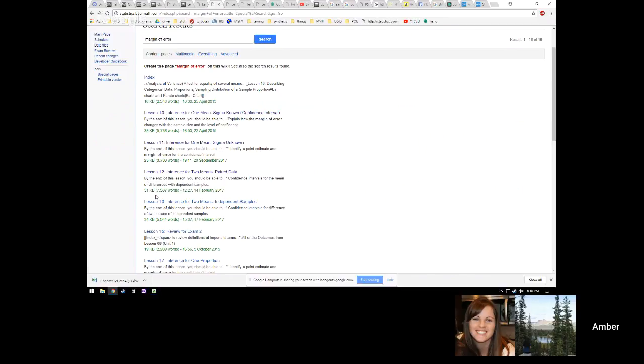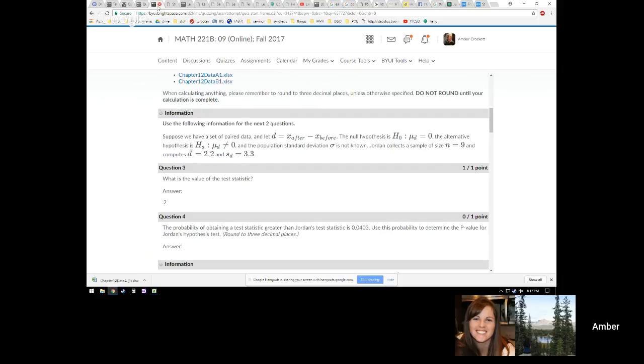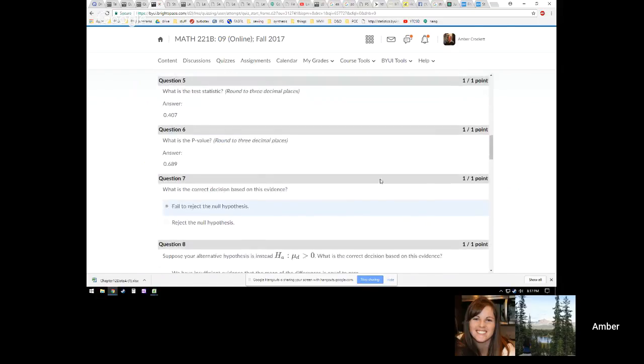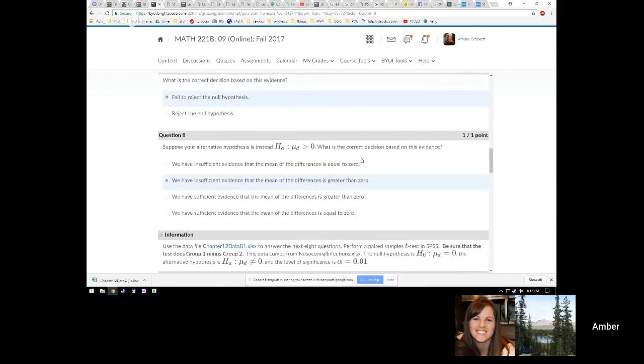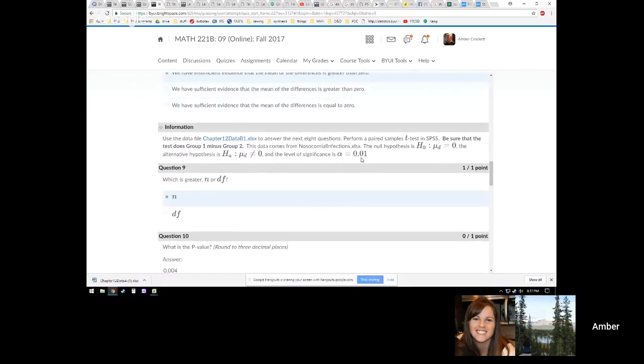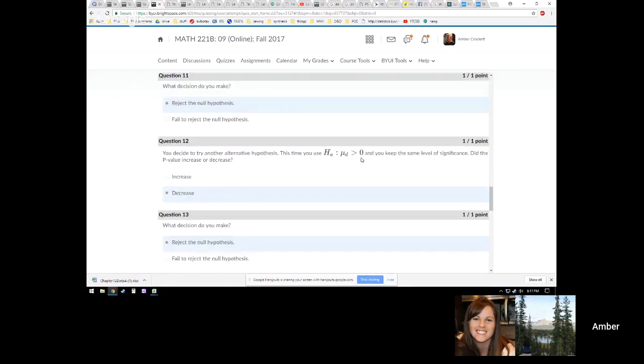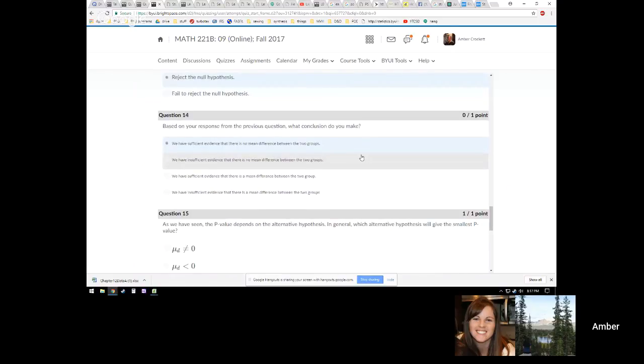I don't know why we got that one. Now that I'm looking back at it, use the probability to determine the P value. Because for 8, we failed to reject, and for 14, we rejected.